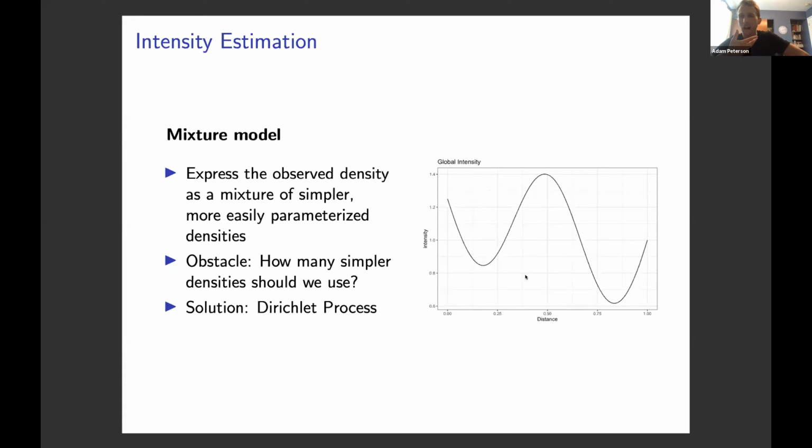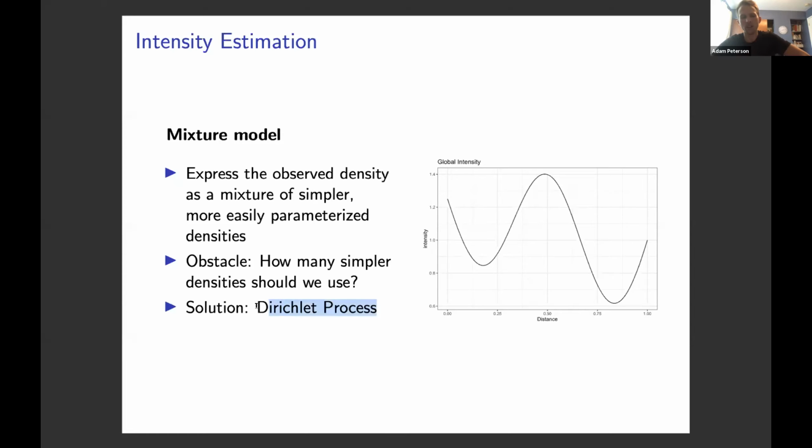Again, the obstacle you have to overcome in defending that method to someone else is, how do you know that 4 densities is the right number of densities to use? And that's tricky. Typically, you'd have to do some kind of model selection or something a little bit arduous.